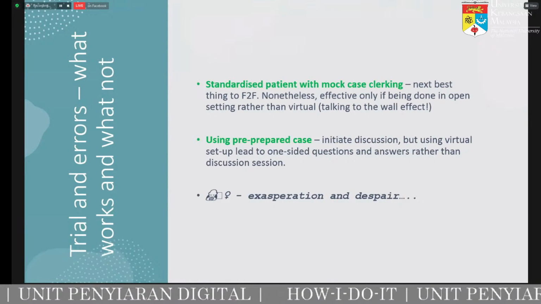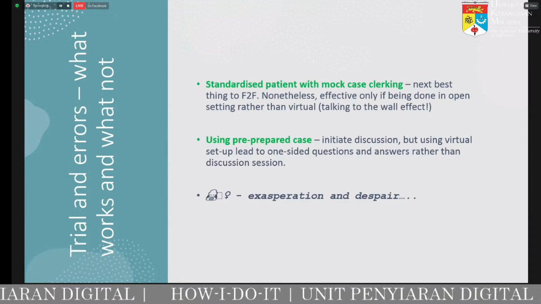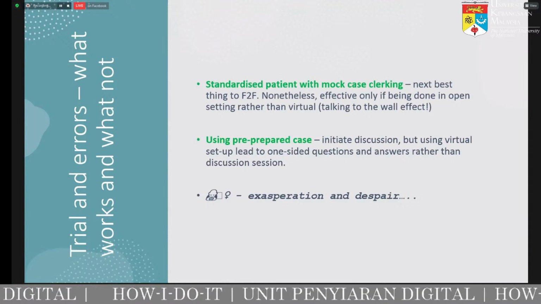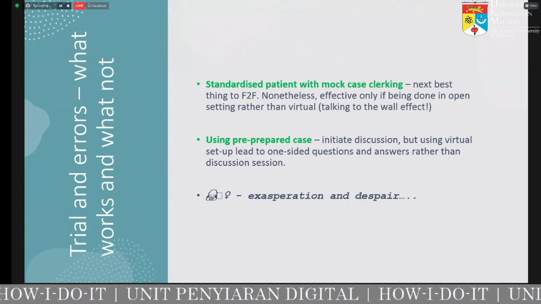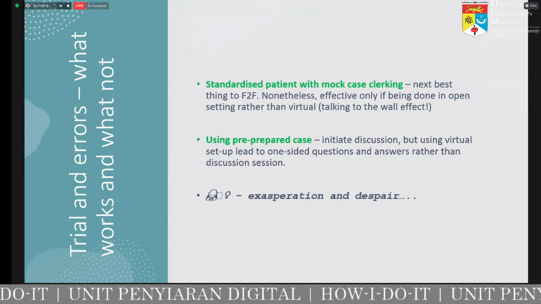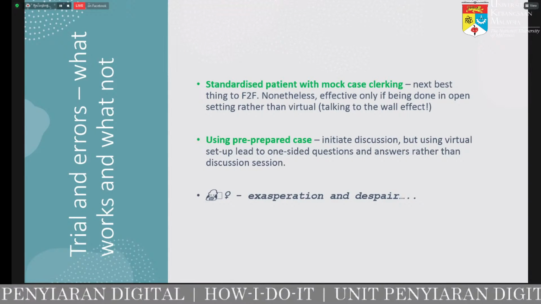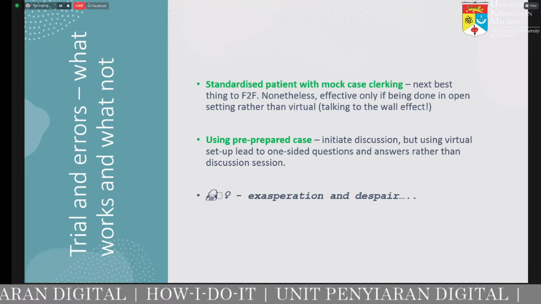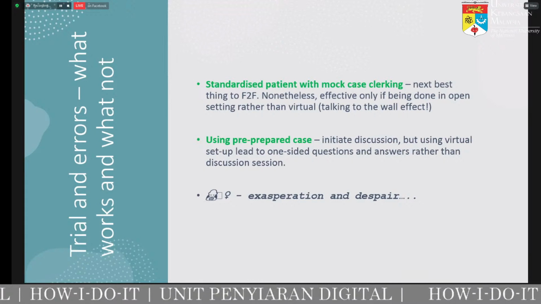standardized patient with mock case clerking. This is the next best thing to face-to-face. What we did is we had a standardized patient, an SP, either in our clinic or in the room, and the students tried to clerk via Zoom. They asked the questions to the SPs. Nonetheless, it's only effective if done in an open setting rather than virtually.